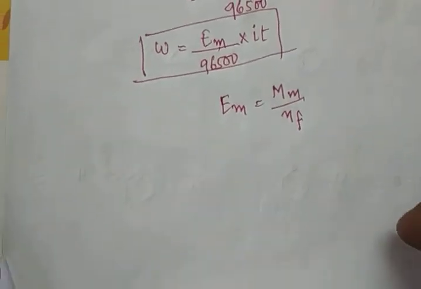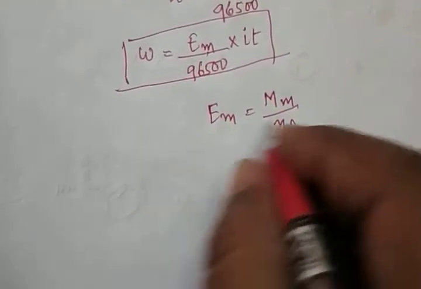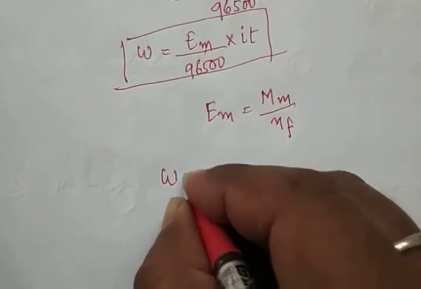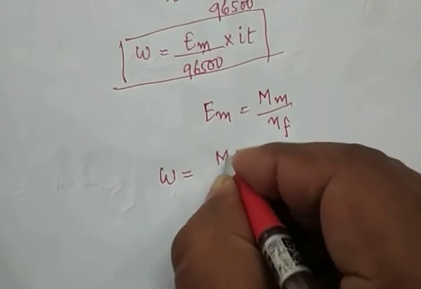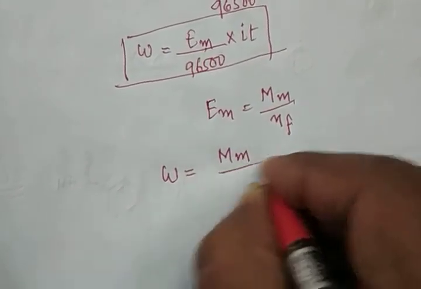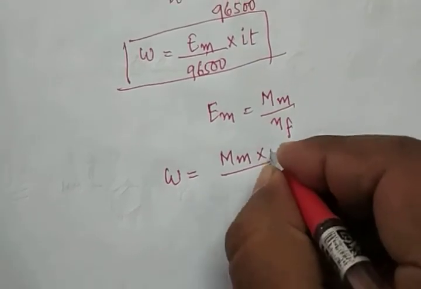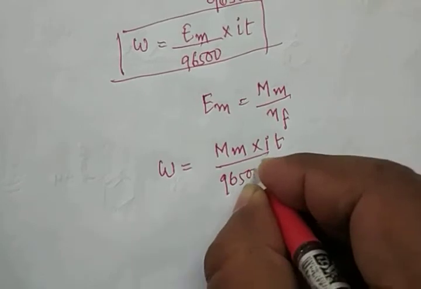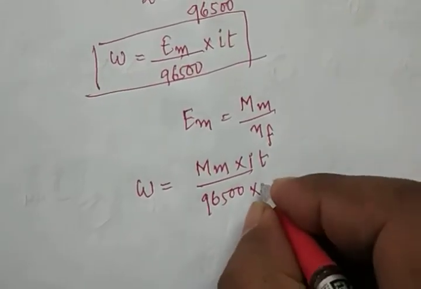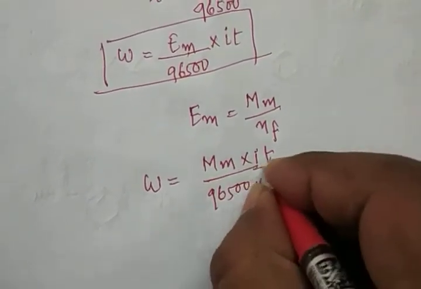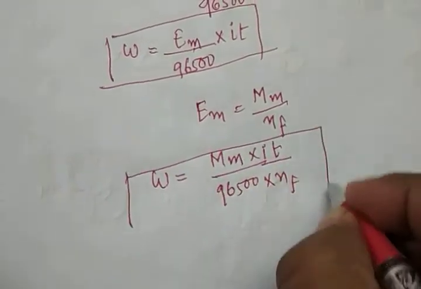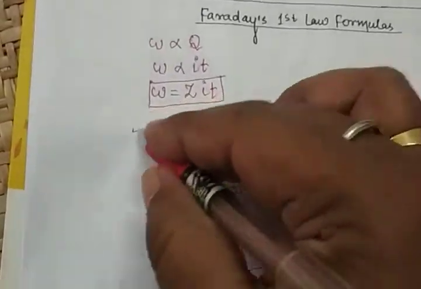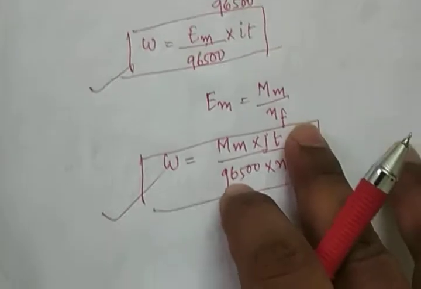Okay, so now we again apply W is equal to molecular mass into I into T upon 96,500 into n factor. It means this is valency. So this is the third formula.